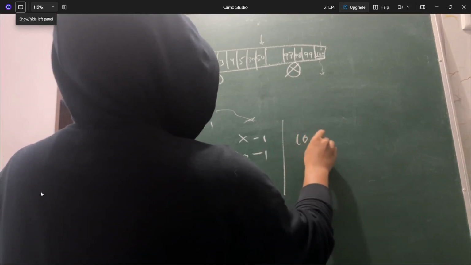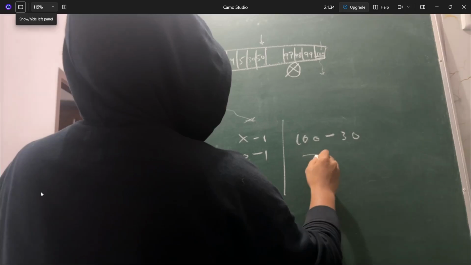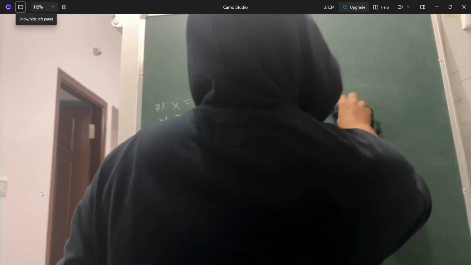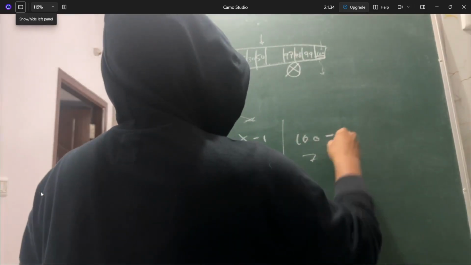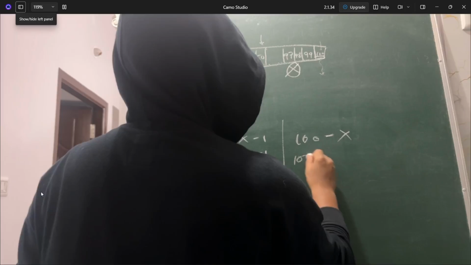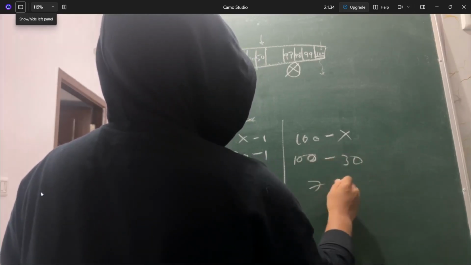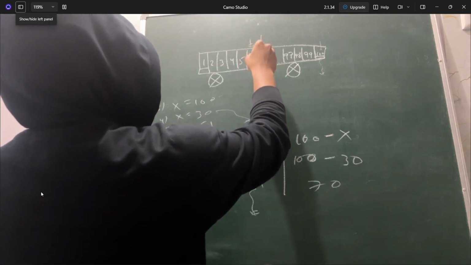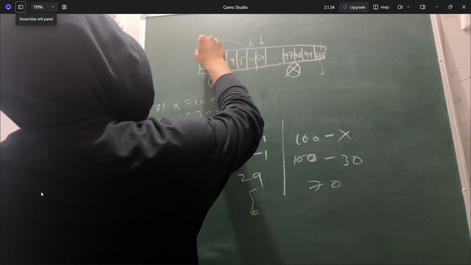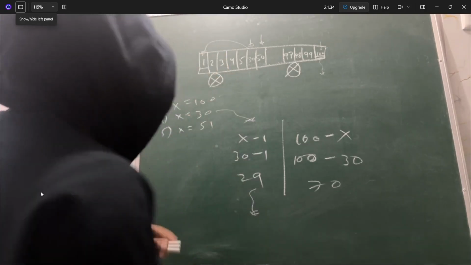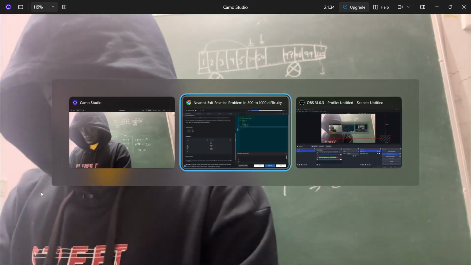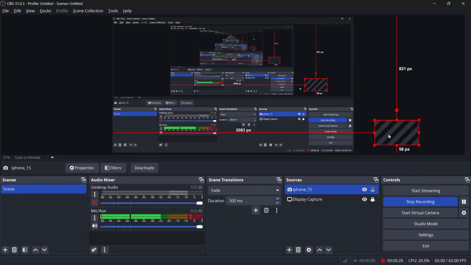And 100 minus x is 100 minus 30, which is 70. Obviously 29 is smaller, so the person sitting at this seat will prefer door number 1. I think you pretty much got the problem statement, so let's try to code it up.